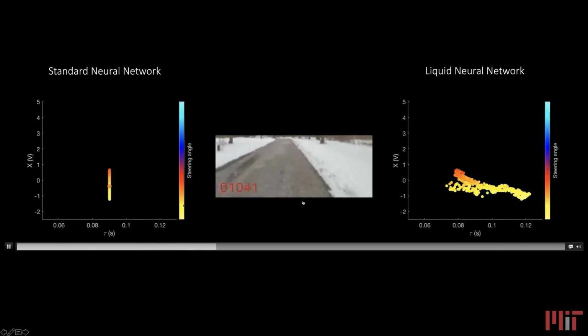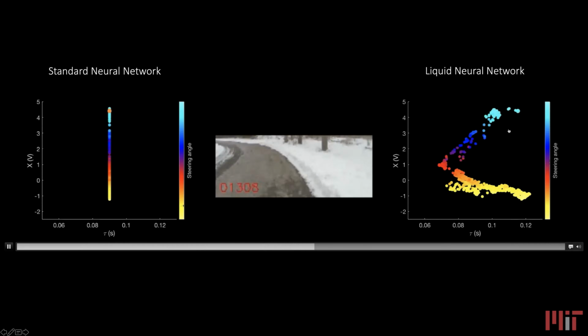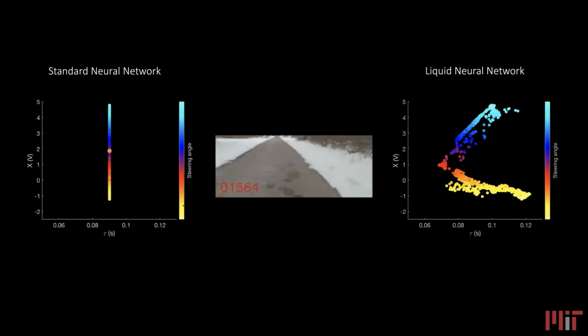And again, when we are turning to the left, the time constant of the system, which is on the x-axis, increases again. So that is another degree of understanding this system in action, and we see the liquidity, or the change of the time constant of the system.